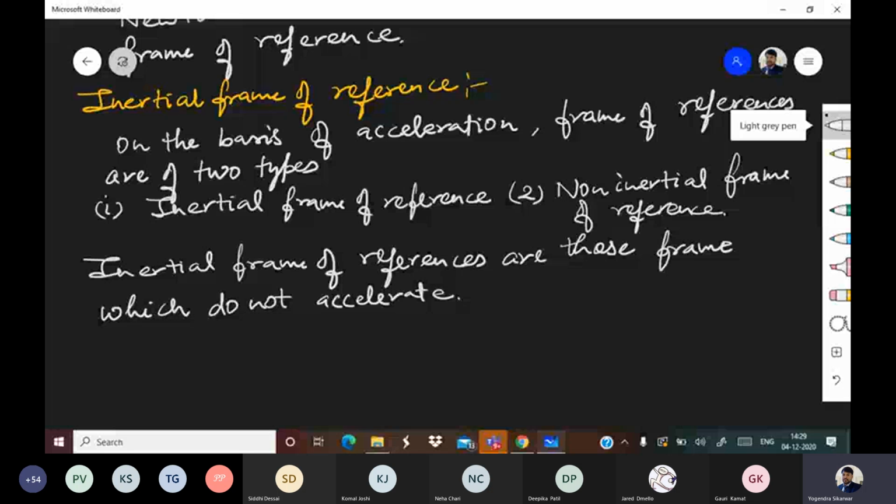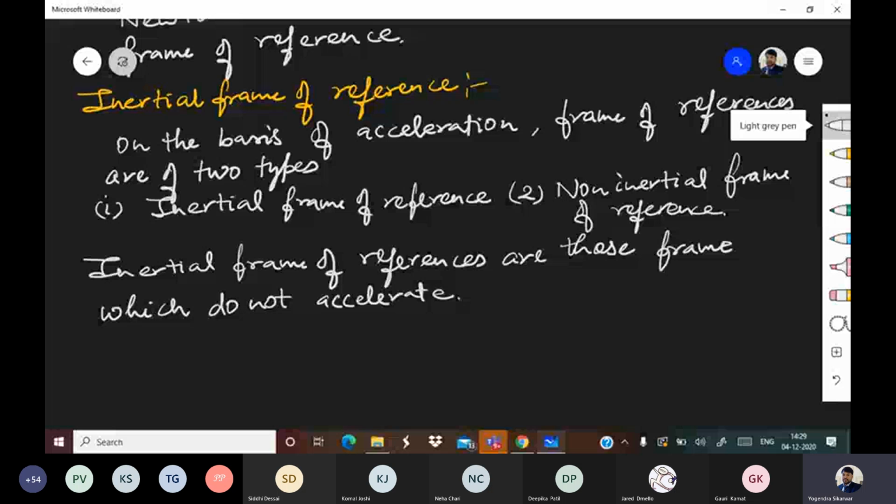Or if an object is observed from a frame of reference which is moving with constant velocity, then that frame of reference will also be called an inertial frame of reference. Why? Because anything which is at rest has zero acceleration, and anything which has constant velocity is also an inertial frame of reference. So which frames will be inertial?